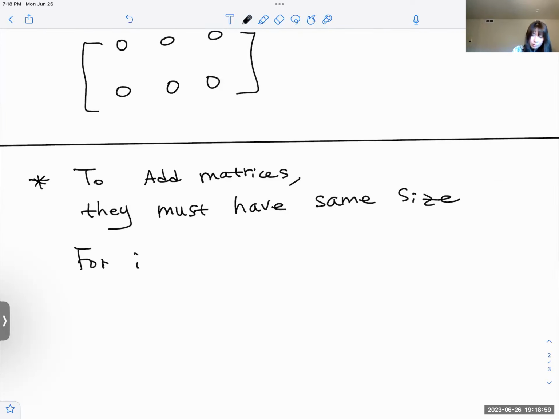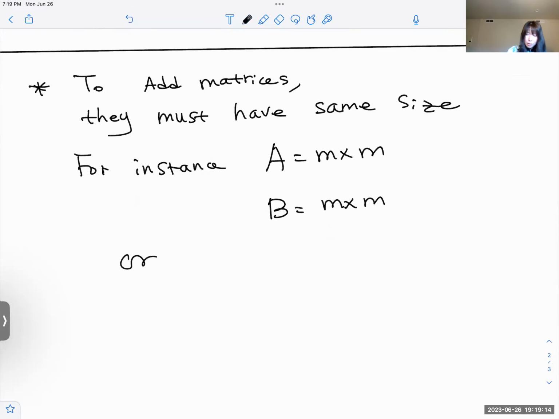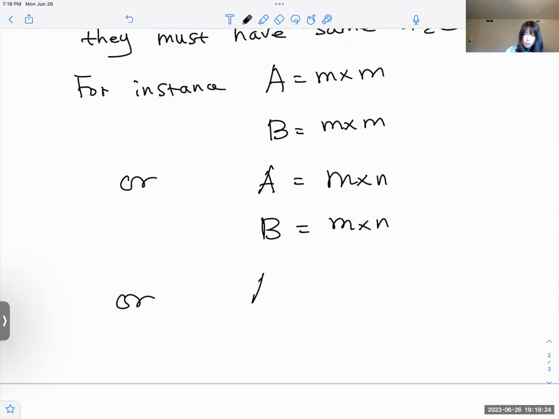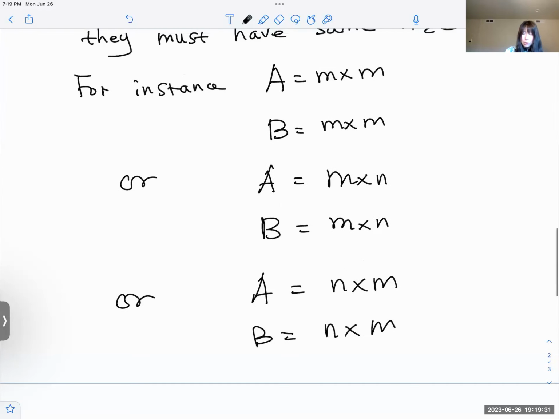We talked about size earlier, right? For instance, n by n, like a square matrix. It can be a rectangular size, not a square size, but the two matrices must have the same size. So if A is m by n, then B must be m by n, or if A is m by m, B must be m by m. The same size means the same size.